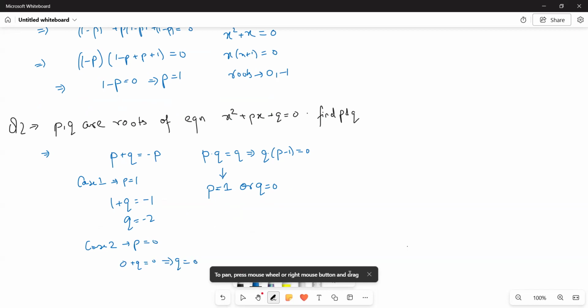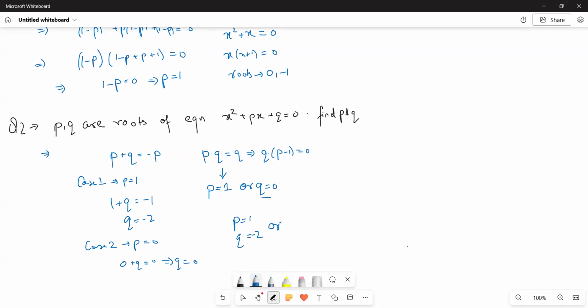So there will be two possible answers for this question. Usually people neglect this q equal to 0 part, because of which the answer is wrong. So we get either p is equal to 1, q is equal to minus 2, or p is equal to q is equal to 0. Two possible answers for this.